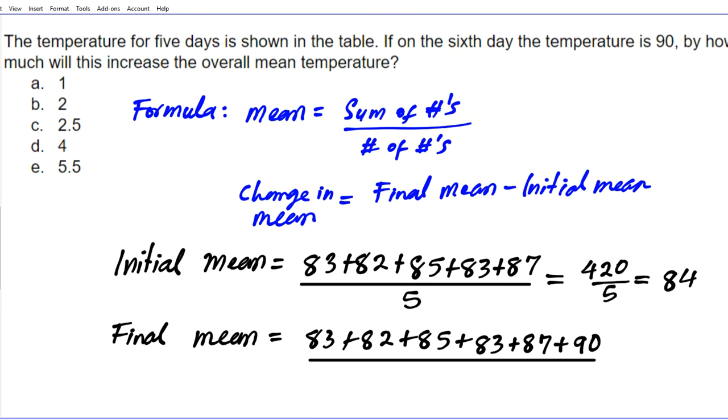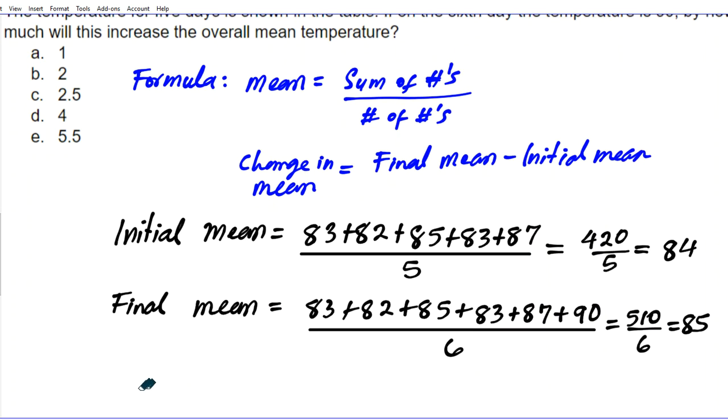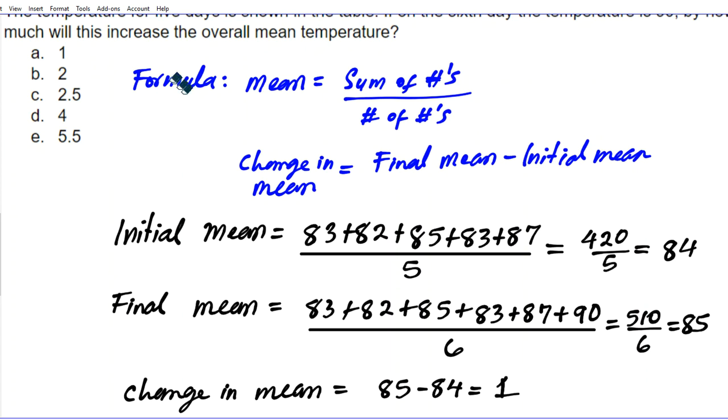Since we have one more, it's now 6. So we have 510 divided by 6. And if you divide that with your calculator, you get 85. Okay? So the change in mean is going to be 85 minus 84, which is 1. Alright, so the answer is A.